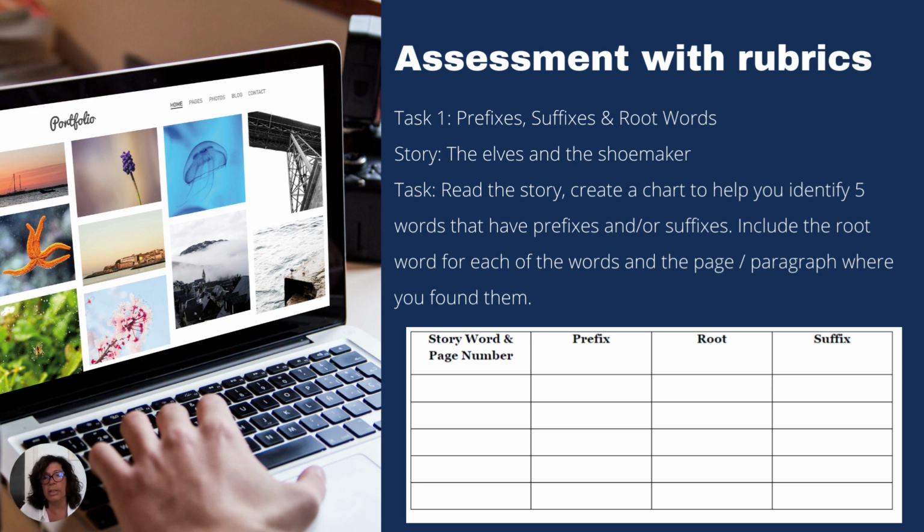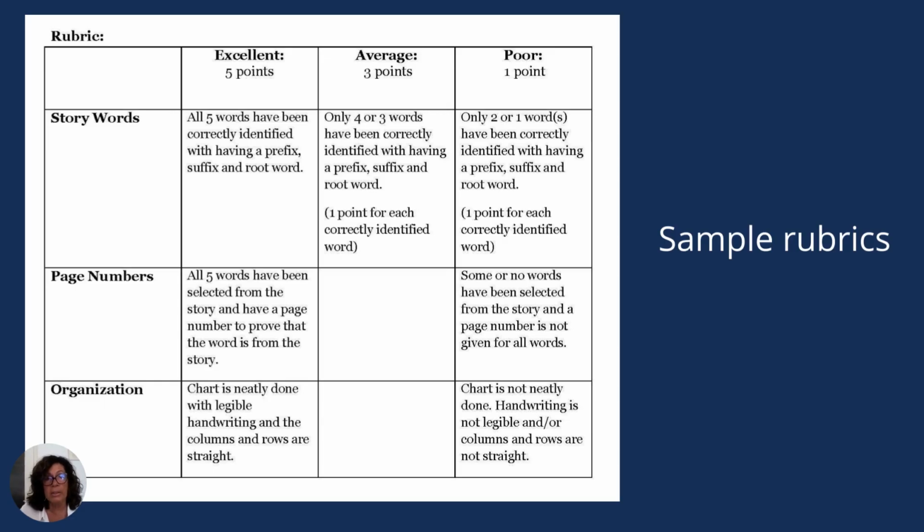They read the story, they create a chart, they identify 5 words that have prefixes or suffixes, etc. So here is the task that they have to do and the instructions. And here you have some sample rubrics. So they can assess their performance using the rubrics.